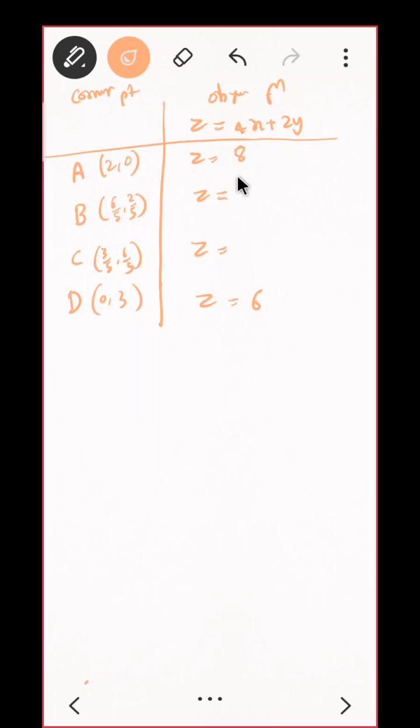It will be, I think, 28 by 5. Just confirm. 24 by 5. This is giving the minimum. Check whether you are getting the same. The solution is x equal to 3 by 5, y equal to 6 by 5, and the minimum value is 24 by 5. Are you getting the same?